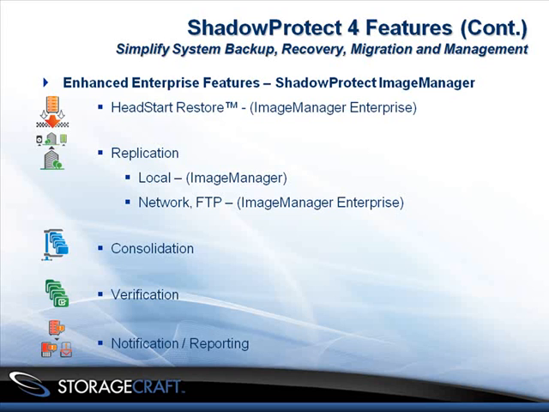So we also have built-in consolidation within Image Manager, and it's going to take all of the backups that you're taking every single day and reduce that dependency chain down to one file. Then it will create collapsed weeklies and collapsed monthlies. I don't want to get too technical with this, but just keep in mind Image Manager is going to consolidate that job and keep that chain as small as possible.